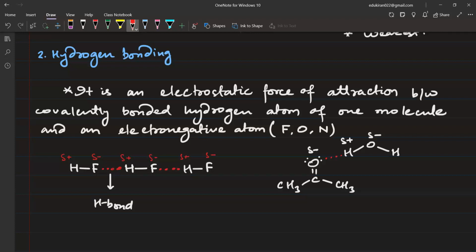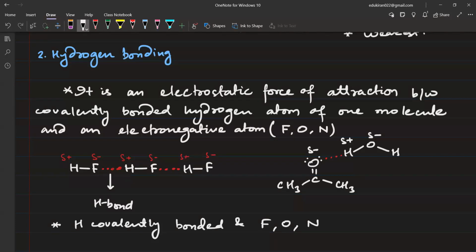Okay. So when you have hydrogen attached to, what you have to see? Hydrogen covalently bonded to fluorine, oxygen, or nitrogen. Wait a second.